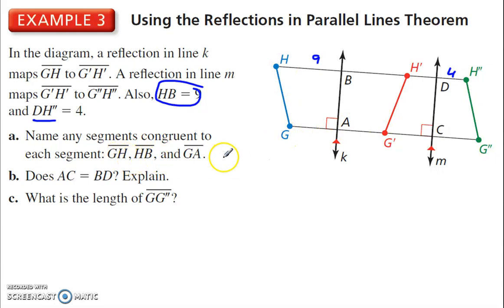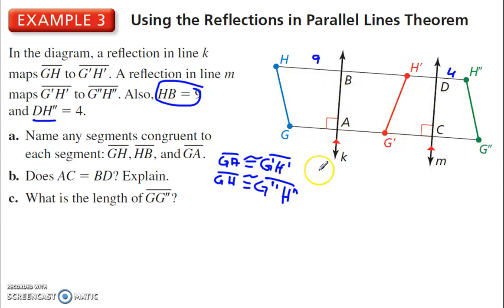Well, congruent to GH is G prime H prime, and also congruent to GH is G prime prime H prime prime, because these are rigid transformations.